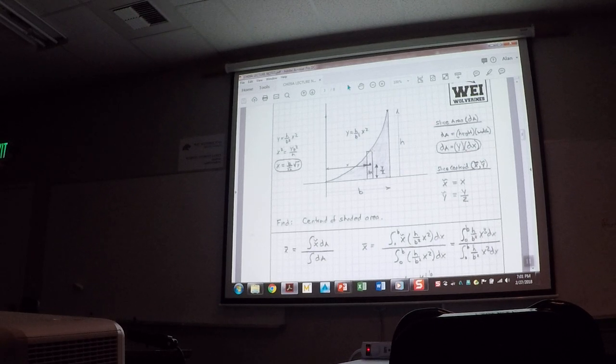What do we know about the centroid of a box? The distance to get to the centroid is halfway up. So whatever the height of my box is, which is y at this point here, to get to the centroid it would be half of the height.